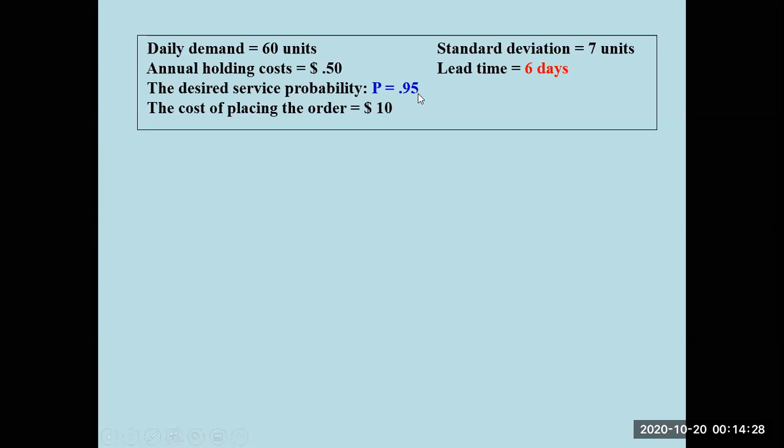This desired service probability means, for example, if you go to a store 100 times and you buy whatever you want 95 times, then the store's service probability or service ability is 95%.